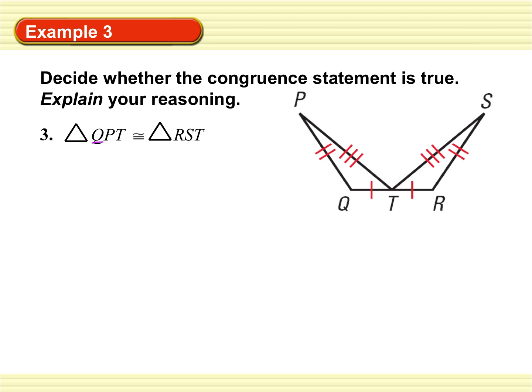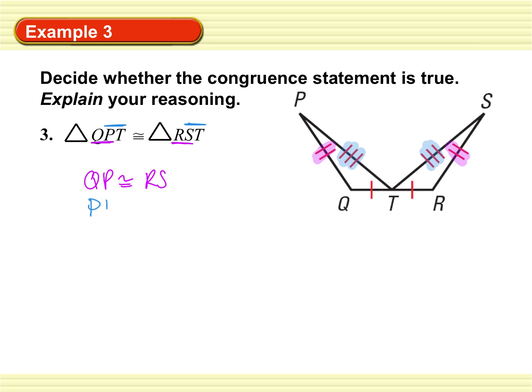We have QP and RS. I'm just going to highlight the marks. Okay, so good. QP is congruent to RS. Let's go ahead and look at PT and ST. PT is right here. Is that congruent to ST? Yes, it is.